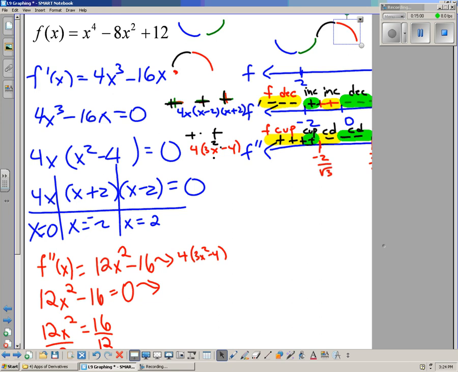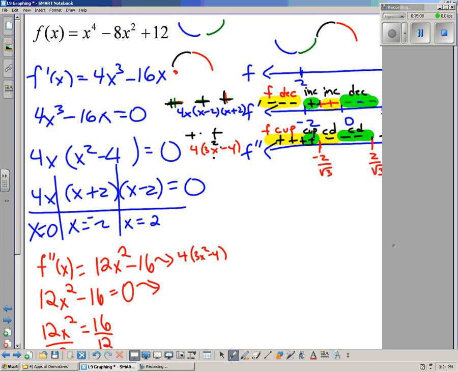Now we're going to pass the next interval, where let's add a little negative sign here, where f prime is still negative. On this interval, if you notice, f double prime is positive.